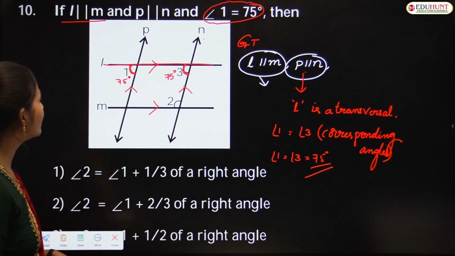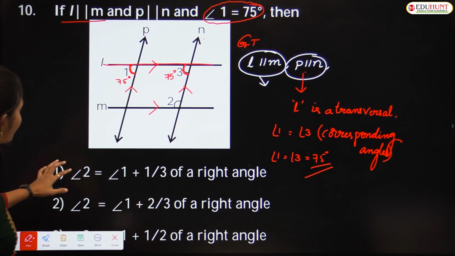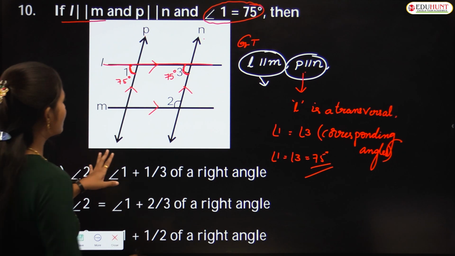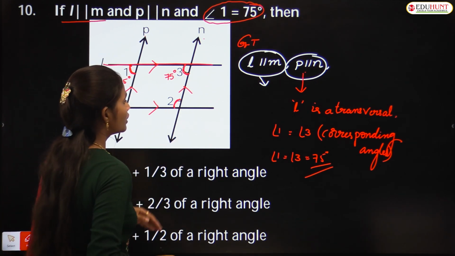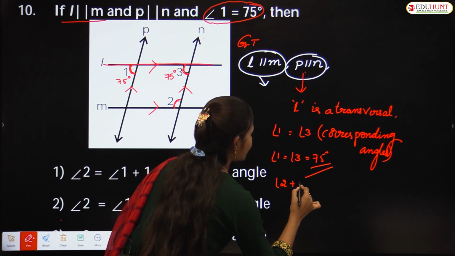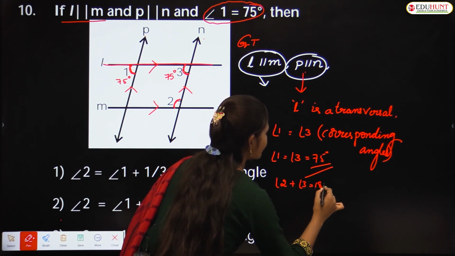Now which one do we need to find out? Angle 2. According to the options, just observe that in all options they are asking about angle 2 only. So we need to find angle 2 here. From the diagram, angle 2 plus angle 3 is equal to 180 degrees. Why?